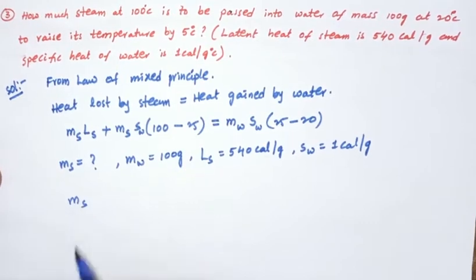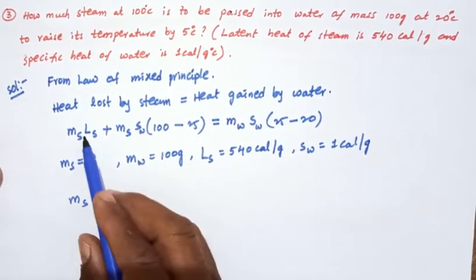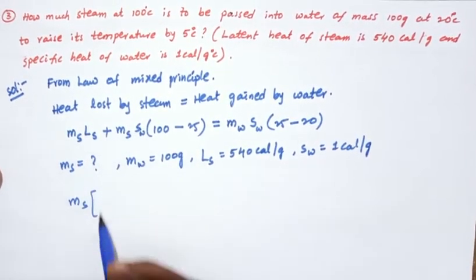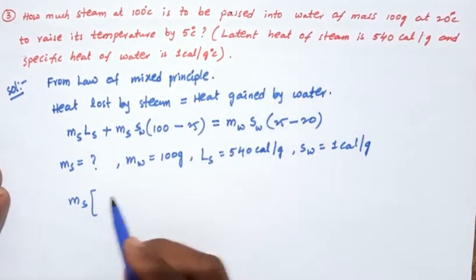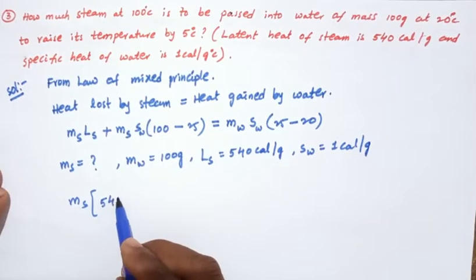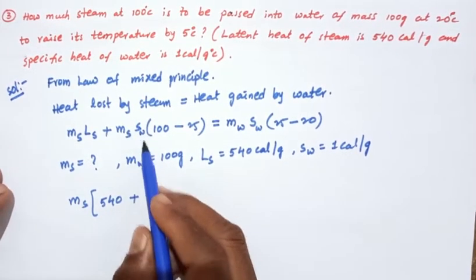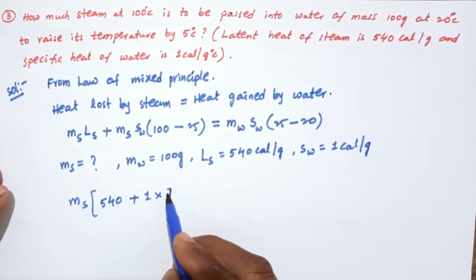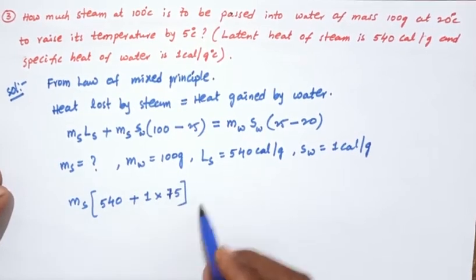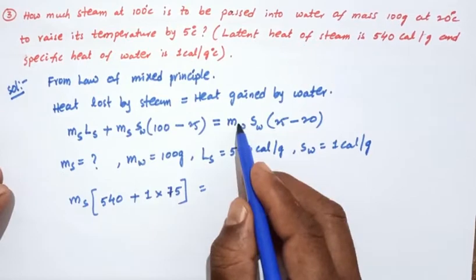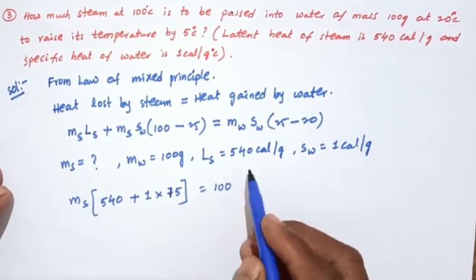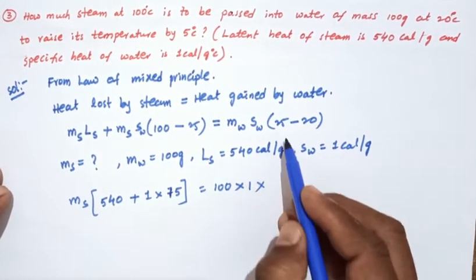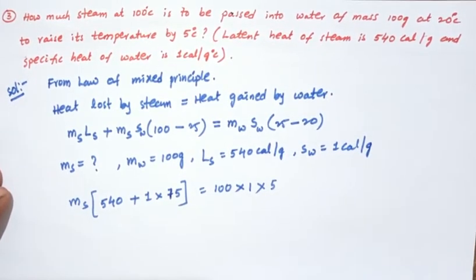So ms into Ls, ms is taken common here, Ls equals 540, plus SW equals 1 into 100 minus 25 equals 75, equals MW, which is 100, mass of the water is 100, specific heat is 1, and 25 minus 20, which is 5 degrees Celsius.